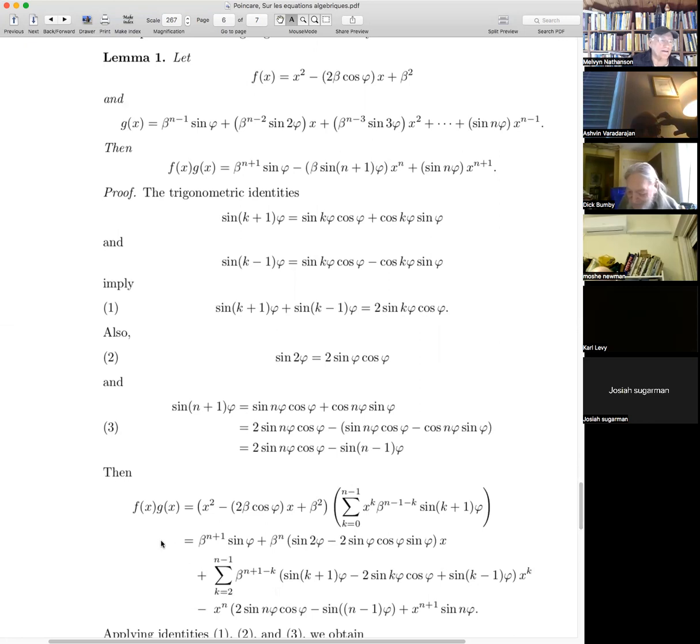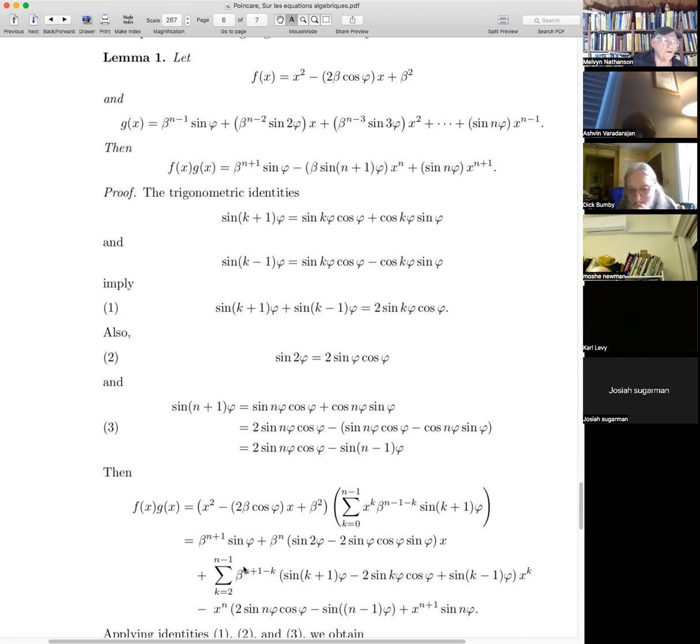And so you keep these in mind. You have to remember these identities. So this was F and this was G. And when you multiply it together and you collect the terms, you get some humongous mess. So you have a constant term, a linear term, the x to the n term and the x to the n plus 1 term.